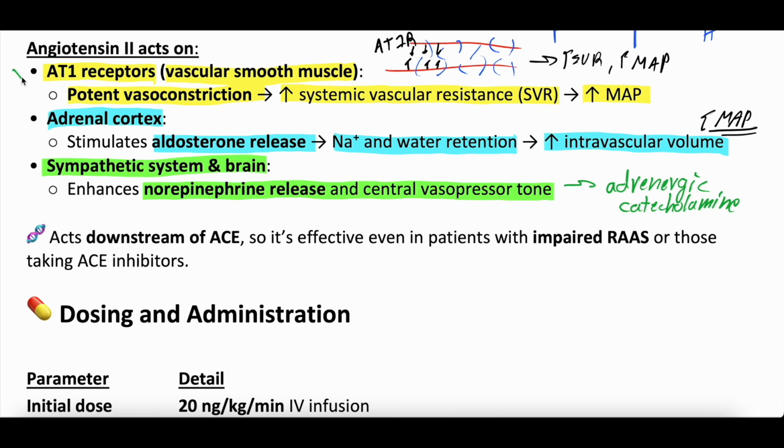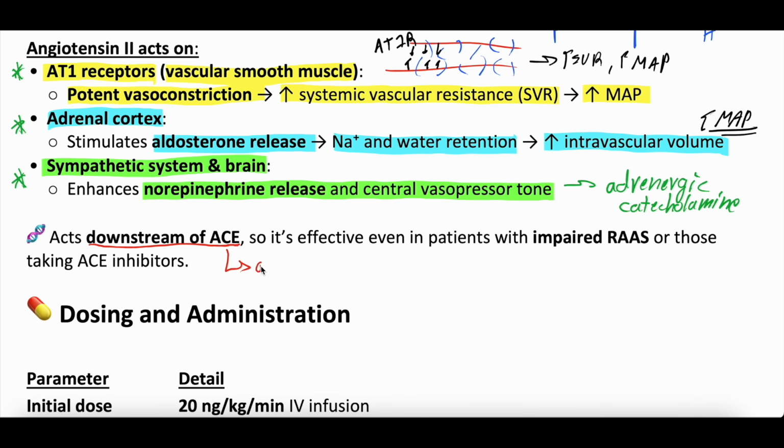There are three really separate pathways: AT1 receptors in vascular smooth muscle leading to vasoconstriction; adrenal cortex functionality leading to increased aldosterone release, which then leads to sodium and water retention and an increase in intravascular volume; and then centrally in the brain, enhancing norepinephrine release, which then causes some catecholamine-driven vasoconstriction.